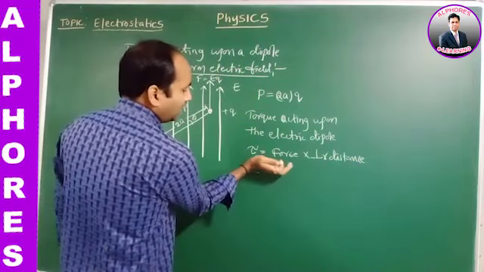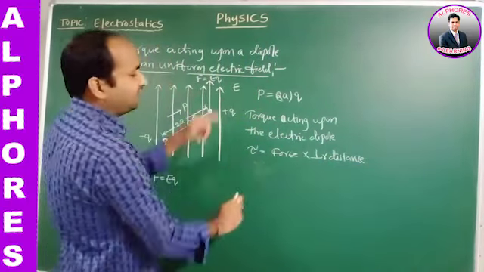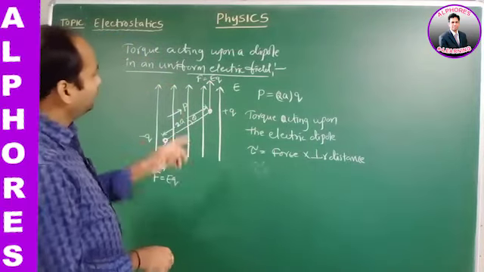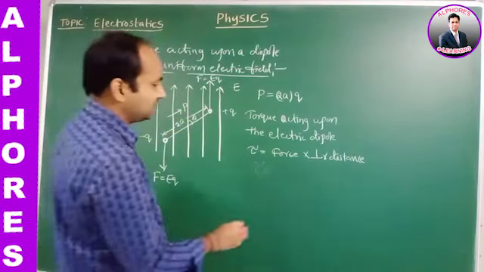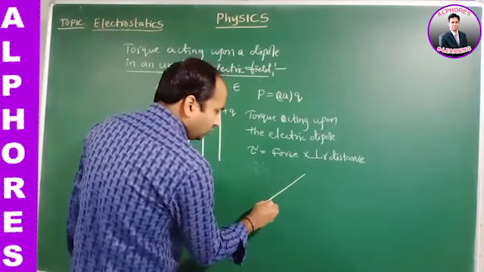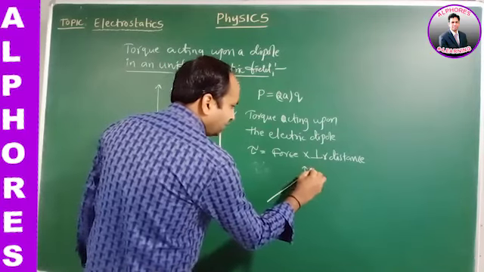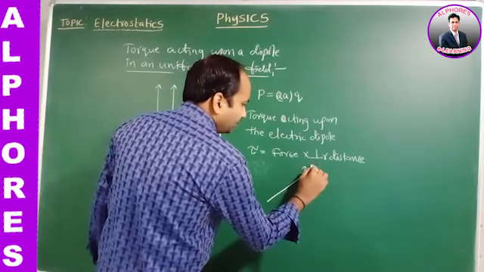What is the magnitude of the force? We know directly that F is equal to Eq. But we should find the perpendicular distance. Listen here, this is the force acting upwards, F equals Eq.